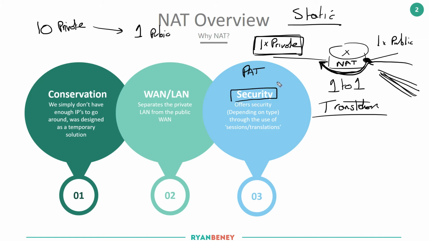So what I mean by that again is if we had another private IP and that private IP wanted to use the same public IP address, then we need some sort of method to track the sessions. So to make sure that if one private IP address asks for Google's website, it doesn't then get sent to the different or the wrong host inside the network.